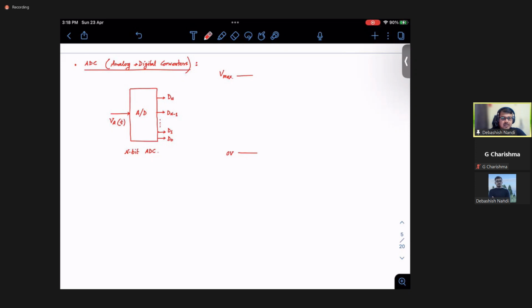So in our ICs, let me say that 0 volt is the lowest value of voltage we have. And now we want to design a 3-bit ADC. So for a 3-bit ADC, you need to divide this range how many times? With 3 bits, you can create 8 levels, right?